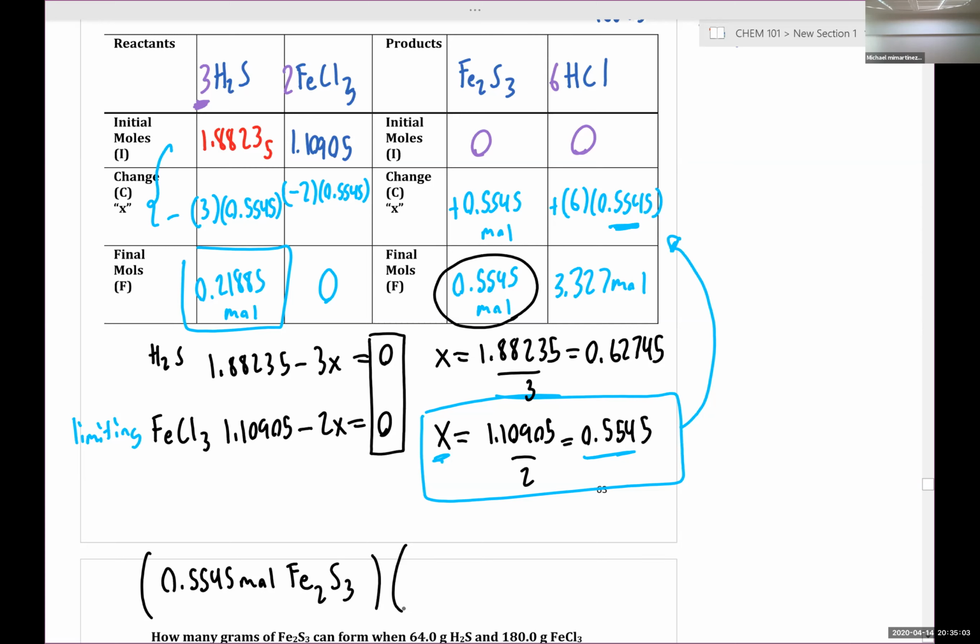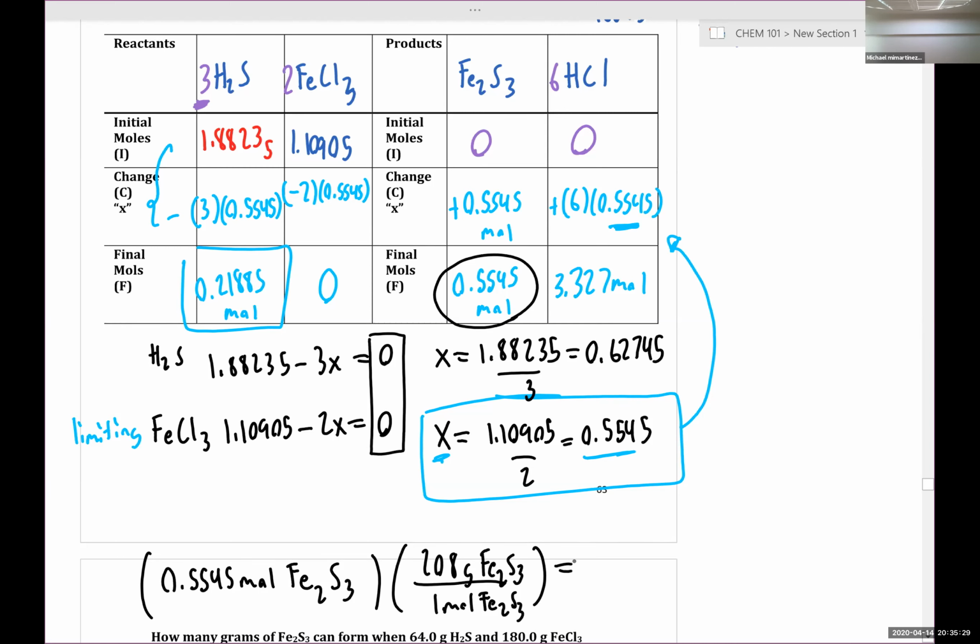And to calculate the grams, all we need to do is multiply by our molar mass. So we have 56 times 2 plus 32 times 3. And we multiply by our molar mass, which is 208 grams of Fe2S3 per 1 mole of iron 3 sulfide.